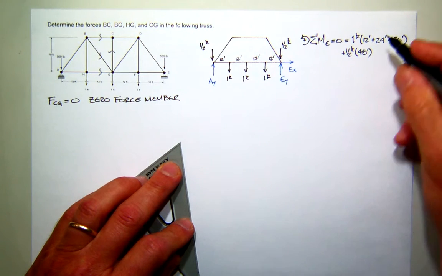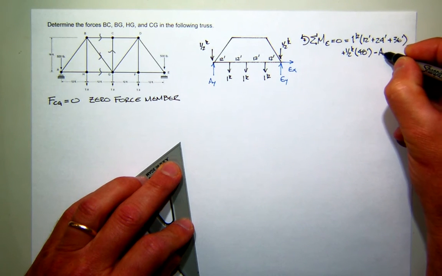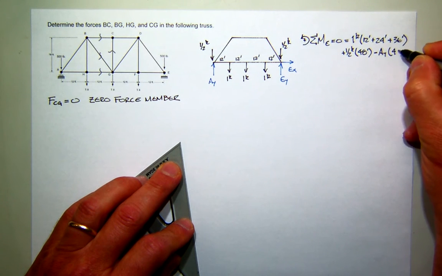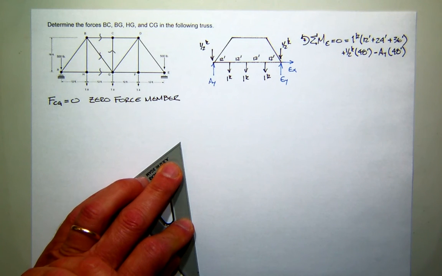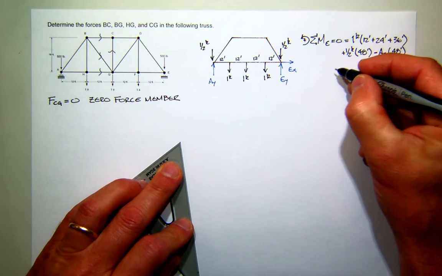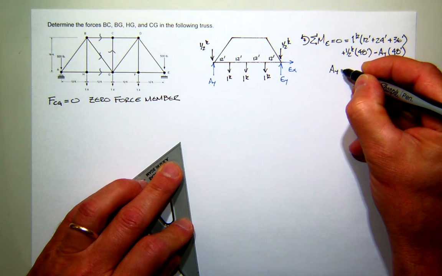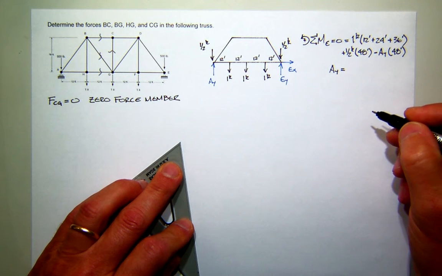And then I have my AY force creating negative moment, and that's also at 48 feet. So it looks like the answer is 2. Anybody check that? I think AY is 2.